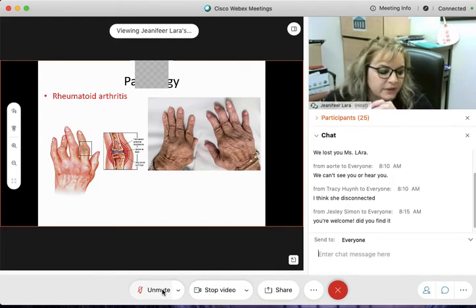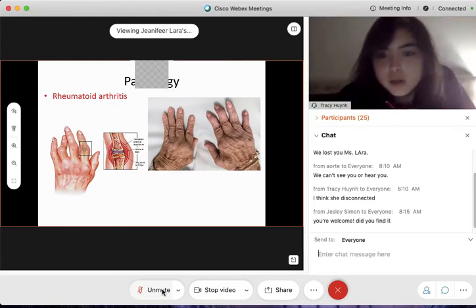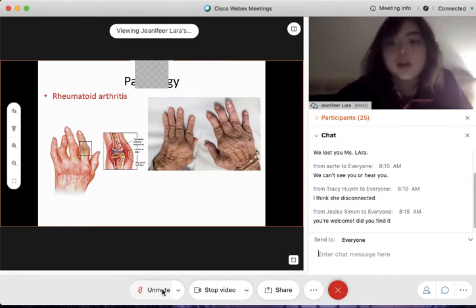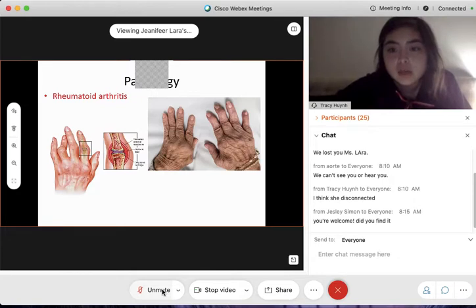Let me go ahead and get Tracy. Tracy, read the definition for rheumatoid arthritis. Okay. It is a chronic systemic disease with inflammatory changes throughout the connective tissue. The earliest sign is soft tissue swelling, prevalent around the ulnar styloid of the wrist.